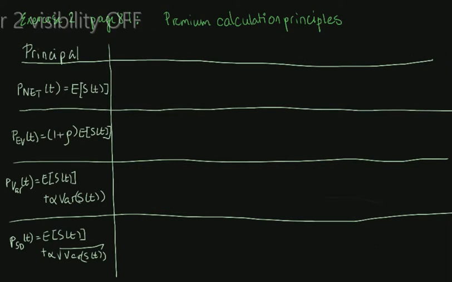So that was additivity. Now let's finish off with the last theoretical requirement, which is called homogeneity or proportionality.